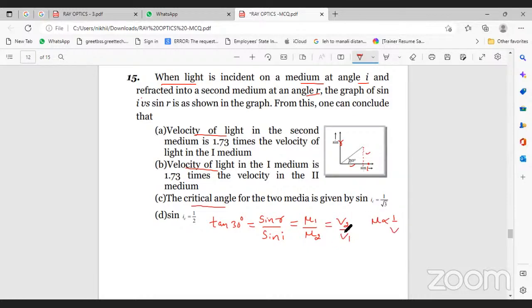What is tan 30? It is 1 by root 3. So V2 by V1 is 1 by root 3. On cross multiplication, velocity of the first medium will be root 3 times V2, or I can take root 3 as 1.73 times V2.